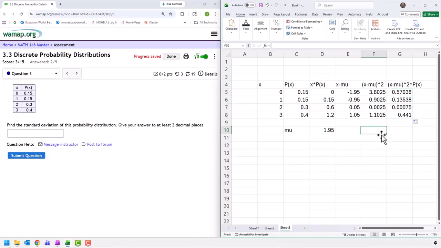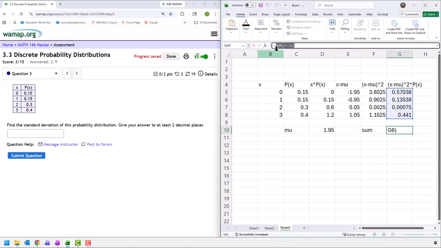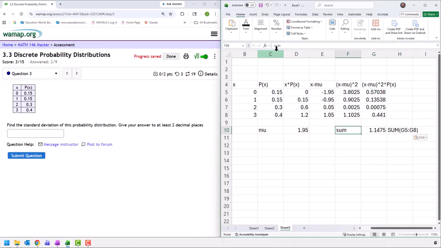And then now my standard deviation is technically the square root of that sum. So I'll find the sum really quickly. And then I'll do the square root of the sum. I forgot I put this on here earlier. The sum.